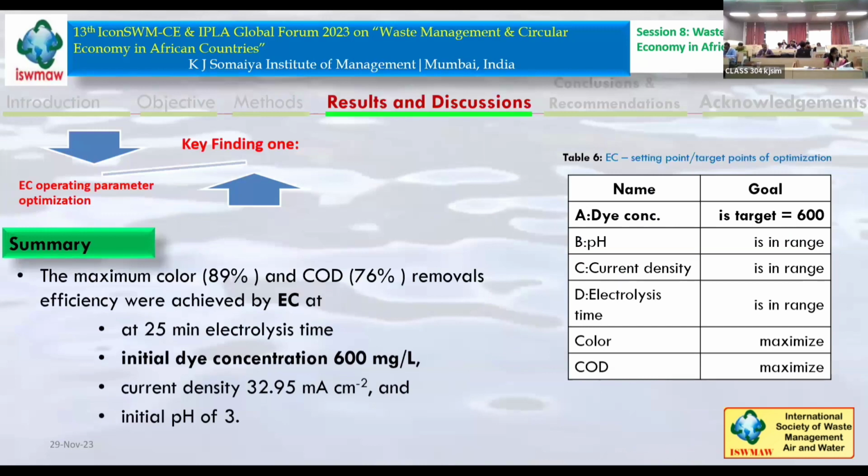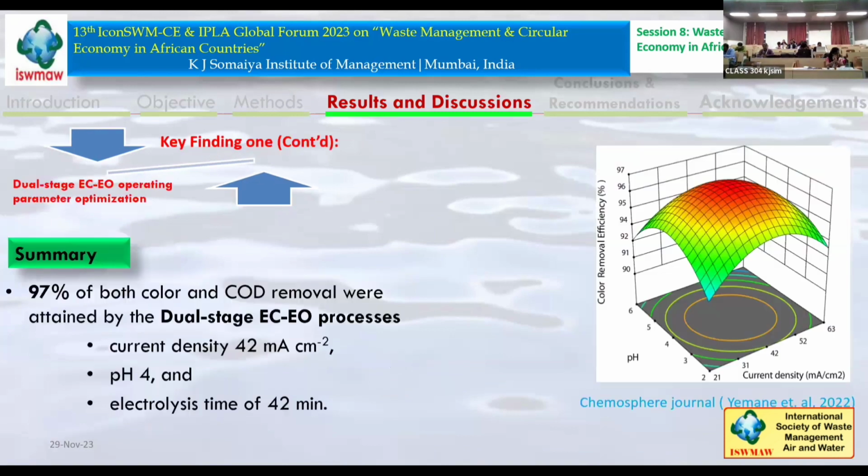The first result that we achieved was that we optimized the treatment system, and we observed that less color removal and COD removal was achieved using electrocoagulation as a separate technology. However, a maximum removal efficiency was achieved when we implemented the dual-stage electrocoagulation and electrooxidation process as a combined technology.